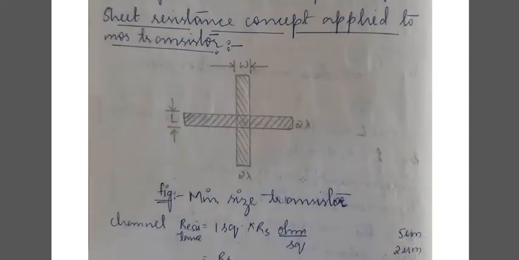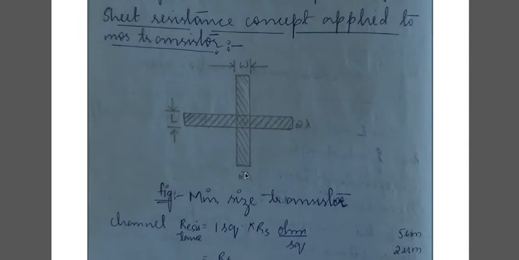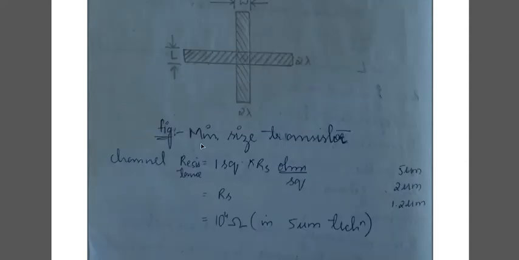And we are saying that the minimum size of the transistor is 2 lambda, correct? The width of this layer is 2 lambda and the length of this particular polysilicon is 2 lambda. So it's 2 by 2 lambda. So for the minimum size of the transistor, the channel resistance is equal to 1 square into Rs, ohm per square.